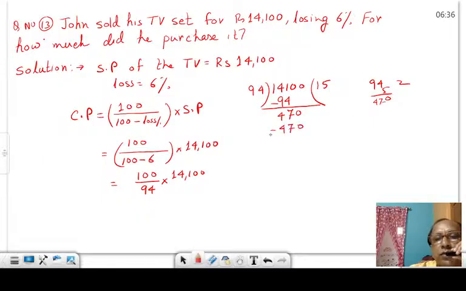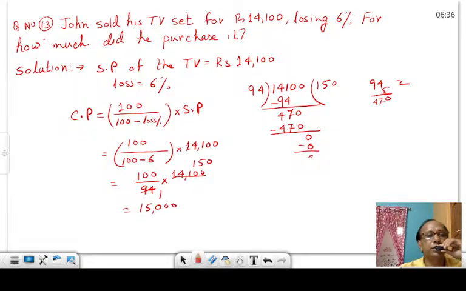This 0 will come down. Therefore we get the number 150, and therefore the number is 15,000. Here you see that the cost price we got is 15,000.